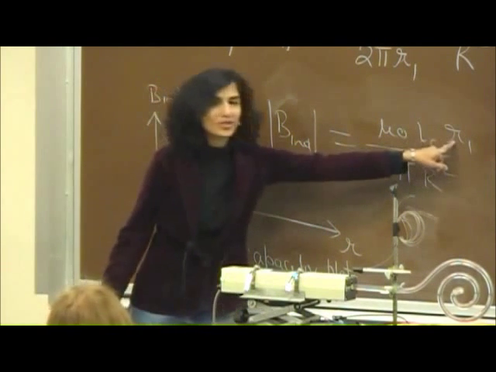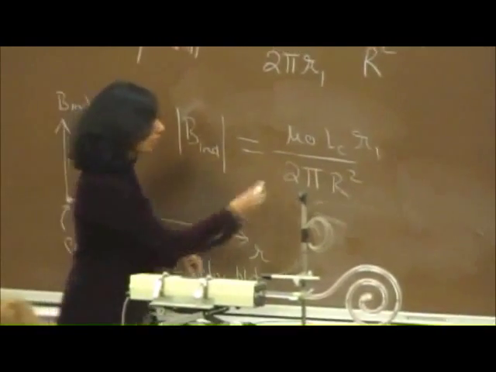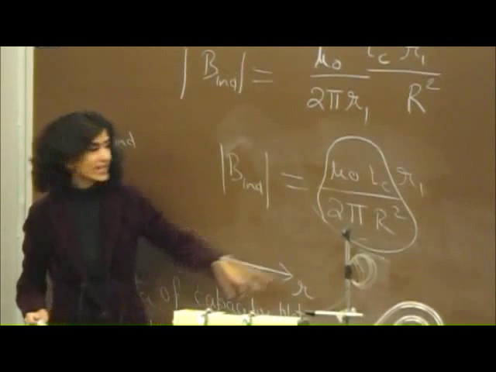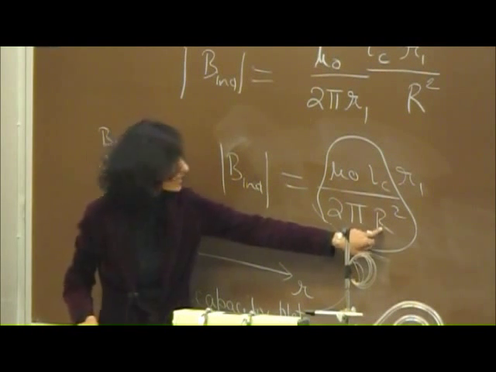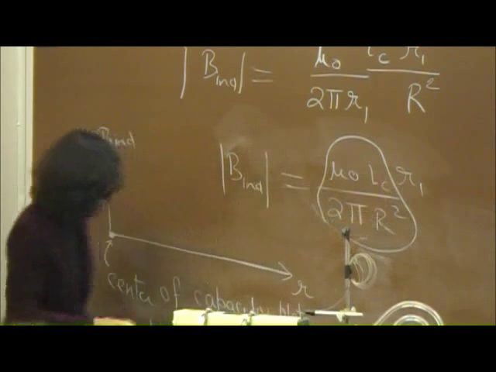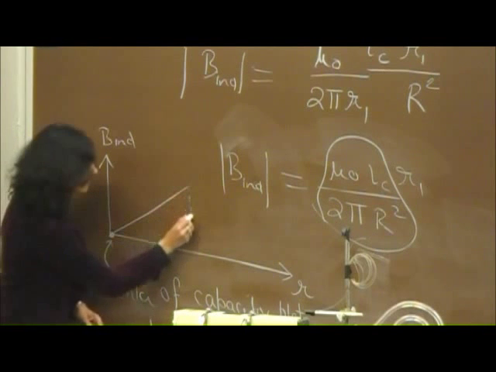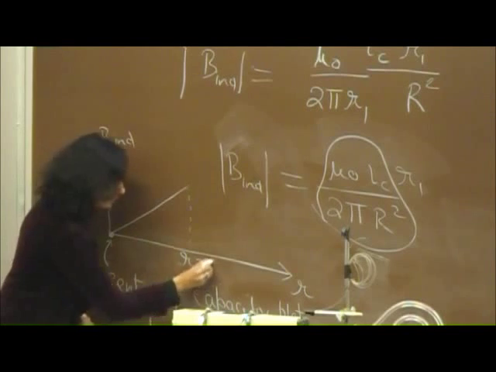When R1 is equal to 0, B is 0. Do you see it increase? All of this is constant, right? If I_C is constant and the plate of the capacitor has a fixed radius, then B is proportional to R. So it actually increases like this, all the way till you get to which point? R is equal to capital R.